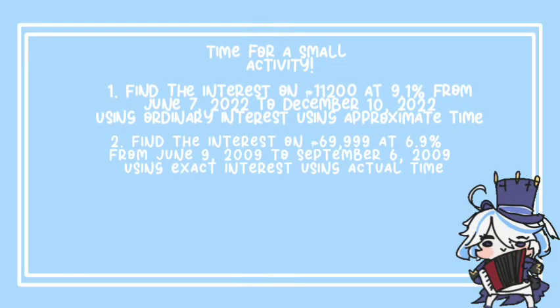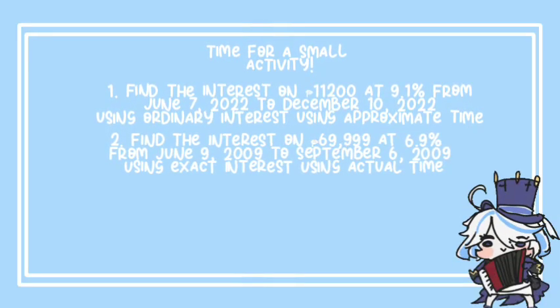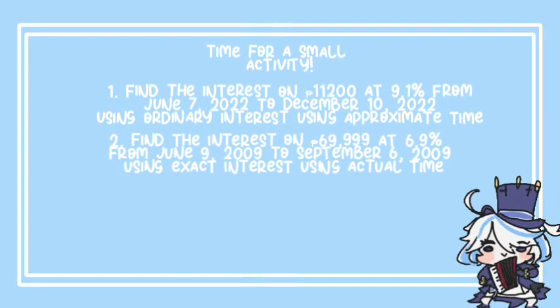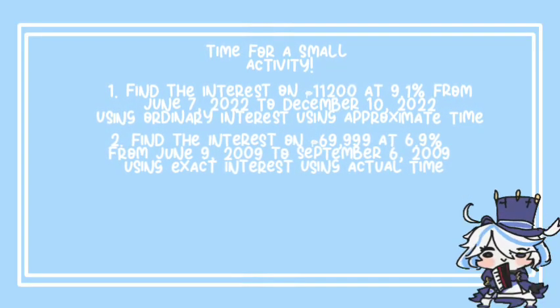Number 2. Find the interest on 69,000 1,999 at 6.9% from June 9, 2009 to September 6, 2009 using exact interest using actual time.